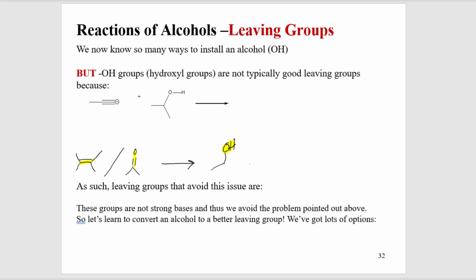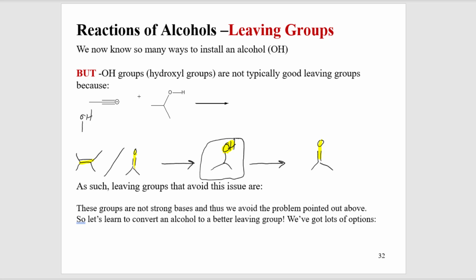We also just covered the fact that alcohols can become carbonyls. So we know how to turn them back into carbonyls, okay? But for these slides, we're gonna focus on alcohols again as the starting material, but instead of getting to the carbonyl, we're gonna do other chemistry with it.